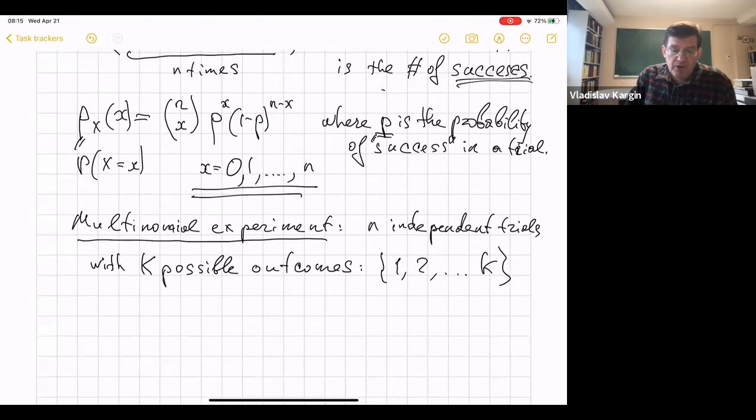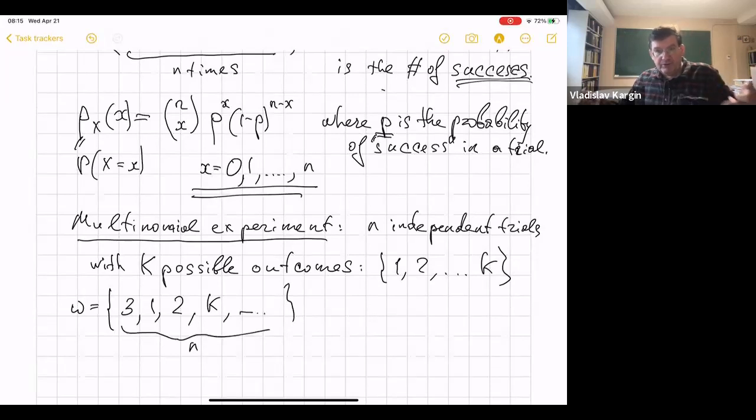The typical outcome would be something like 3, 1, 2, k, and so on. You do n trials, so you have n outcomes, one in each trial. This is a possible result of the experiment.